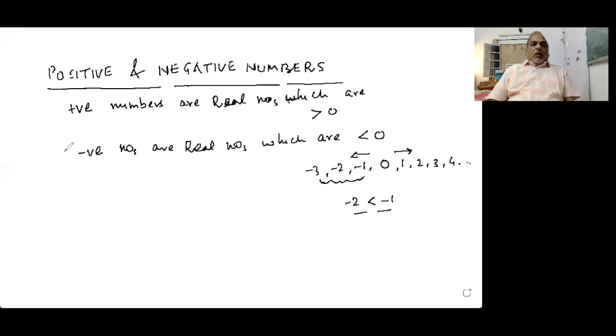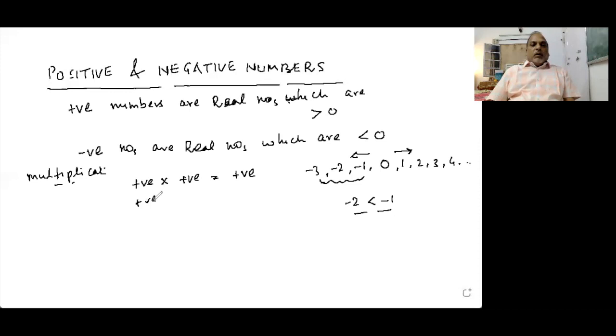Now, let us see multiplication and division. Multiplication of positive and negative numbers. Suppose positive multiplied by positive will give you, sorry, it is positive, will give you always a positive number.